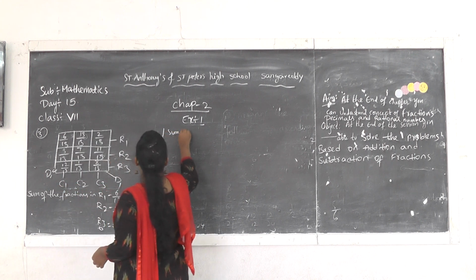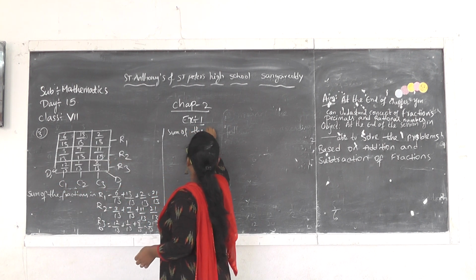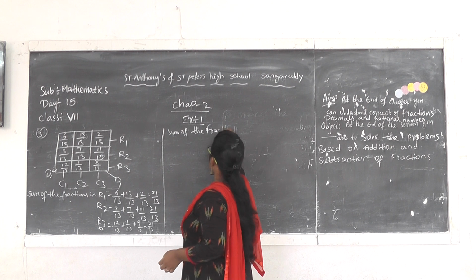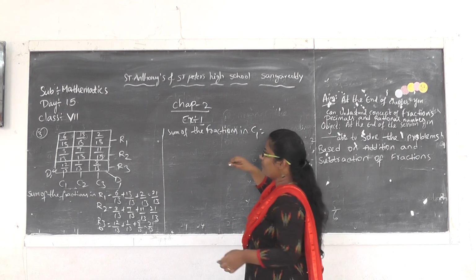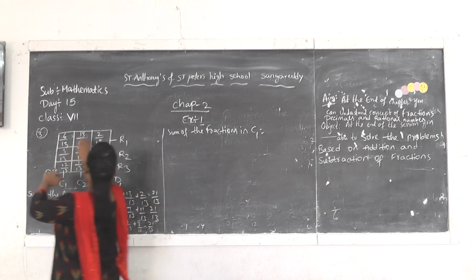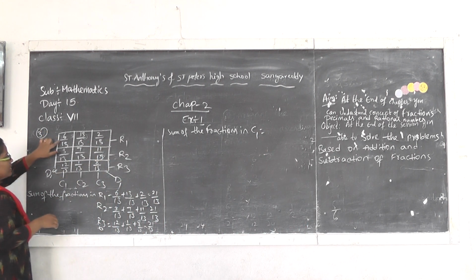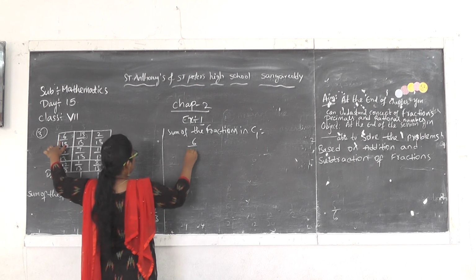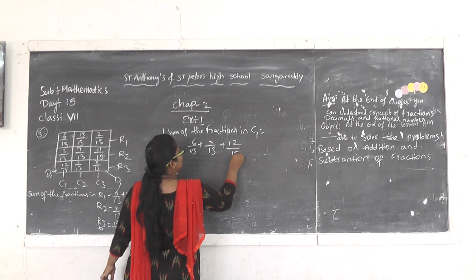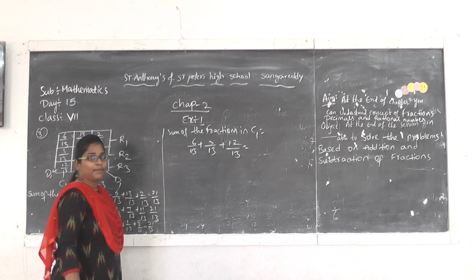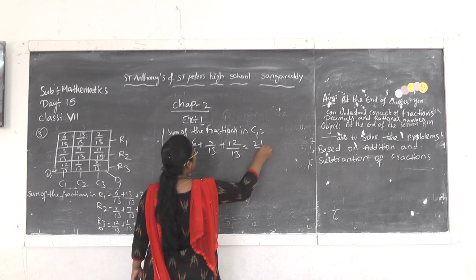Sum of the fractions in column 1. Up to now we solved rows, now columns. 6 by 13 plus 3 by 13 plus 12 by 13. 6 plus 3, 9, 9 plus 12, 21 by 13.